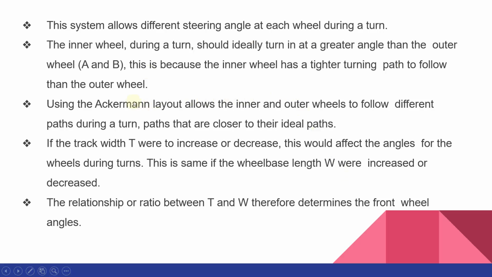So the Ackermann layout allows inner and outer wheels to follow different paths during the turn, and it allows the vehicle to follow the ideal path while undergoing a turn.